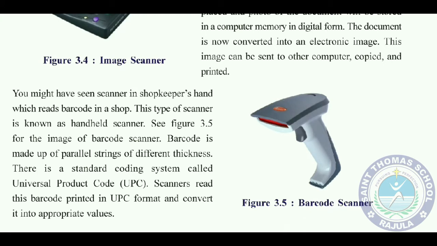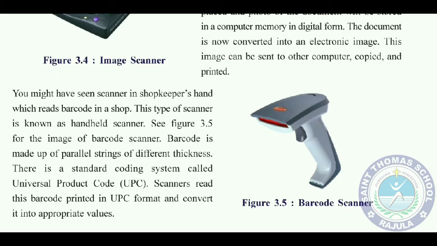Now what is this barcode device doing? The barcode device will read that barcode, and then convert that UPC format code into the appropriate value, meaning we can find out the price of that particular product through the barcode scanner.